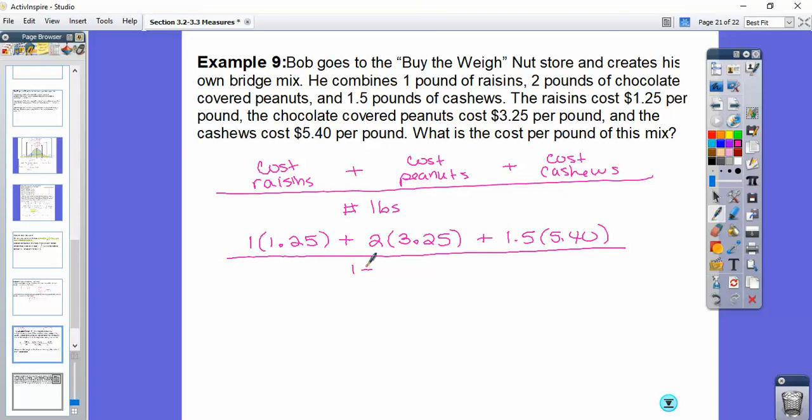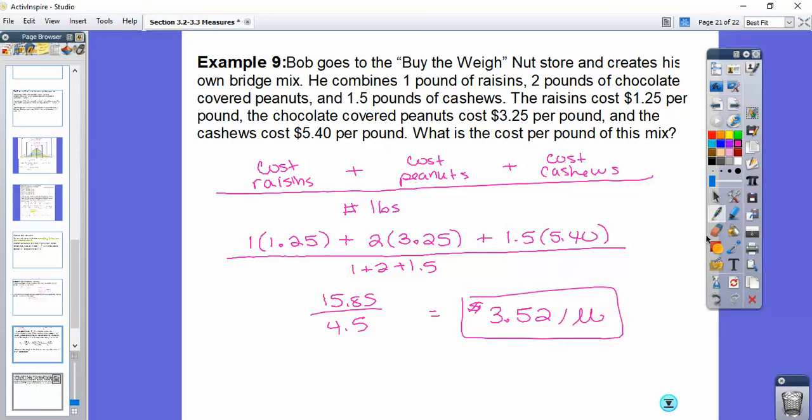So we had 1 raisin, 2 chocolate, and 1.5 cashews. So you add those together. And this is money, so 2 decimal places. So I get $3.52 per pound for the mix.